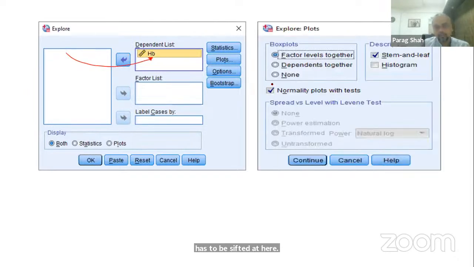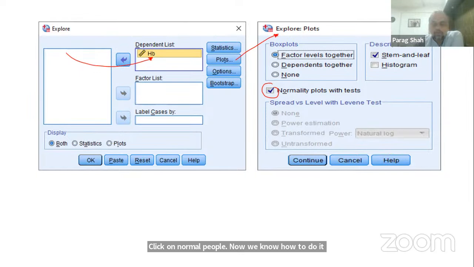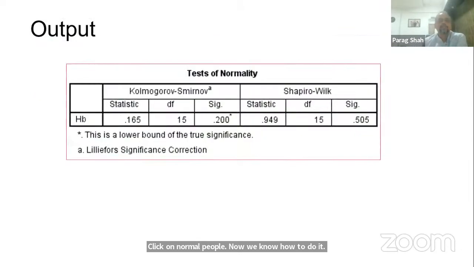Then click on this. When you go on plots, click on normality. Now you know how to do it. When you click on normality plots and test, you will get this answer.